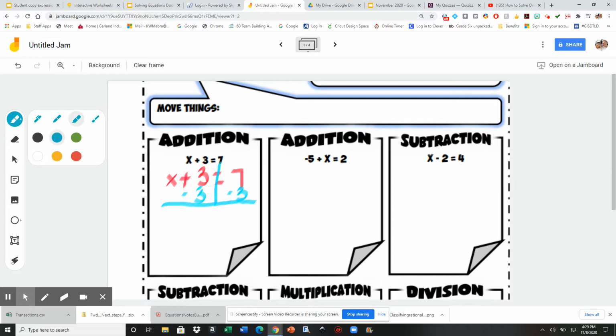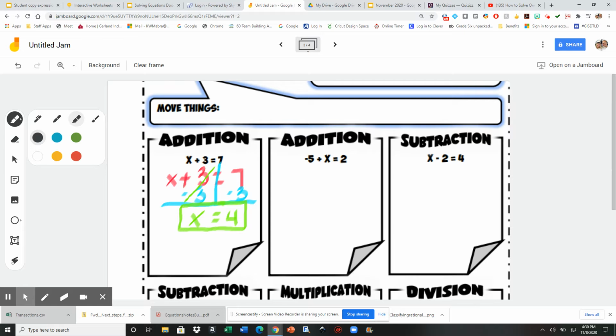Now, when we do 3 minus 3, that gives me the 0 that I need, or nothing. So it leaves x on the left-hand side of the equal sign, and 7 minus 3 is equal to 4. You have just solved this algebraically. 4 is your answer. Now, how do you know?